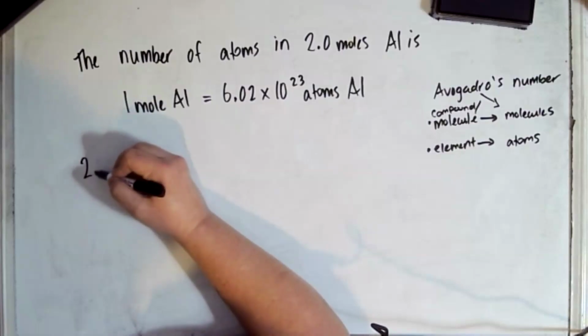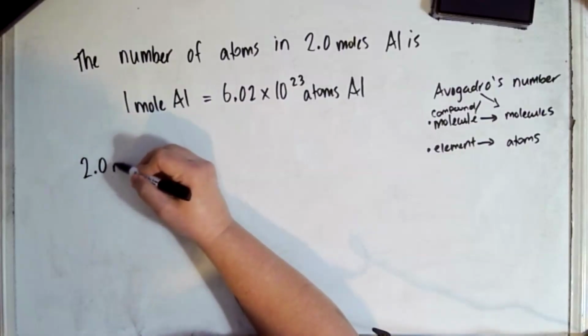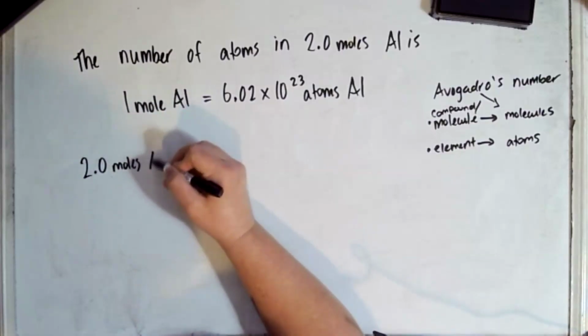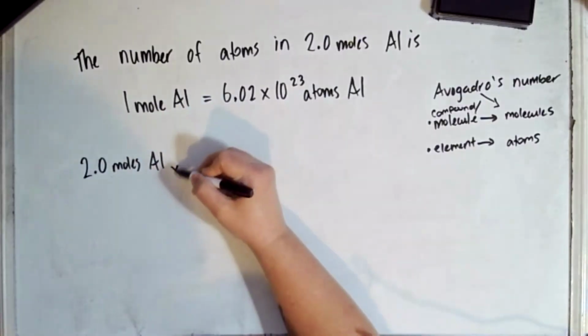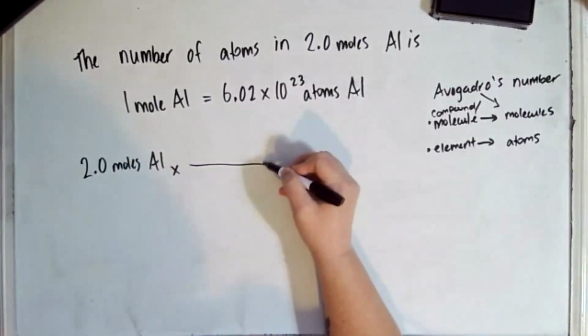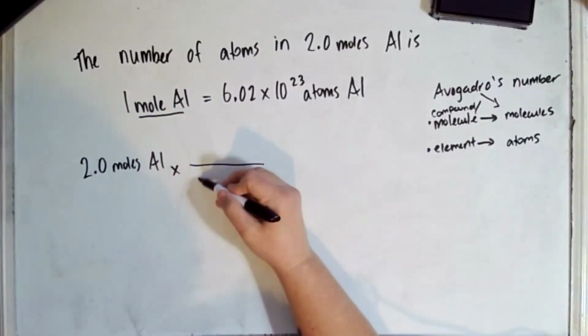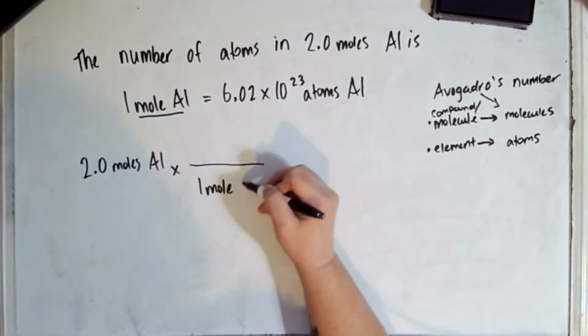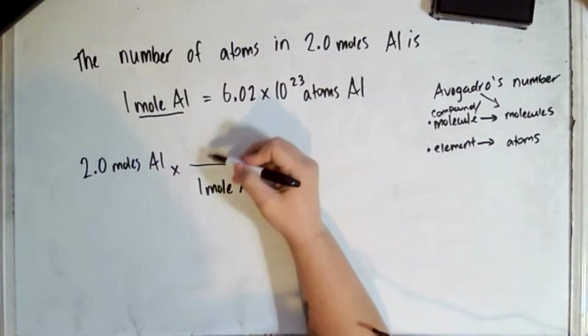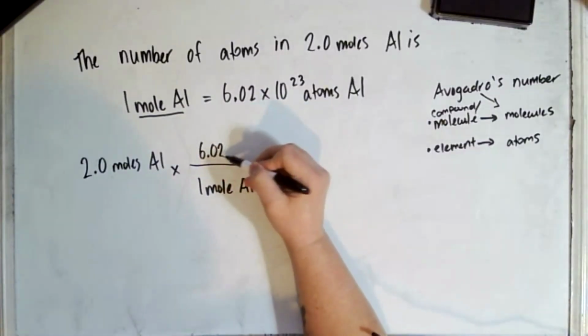So now in our example, we have 2 moles of aluminum specifically. When we set up our conversion factor, we're going to put the unit with moles in it on the bottom, and then Avogadro's number up top.